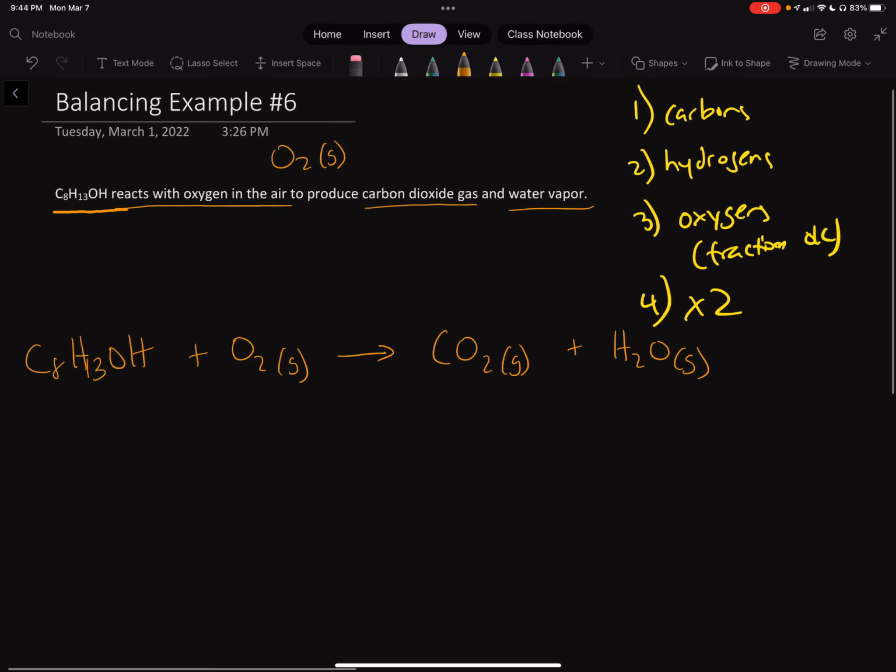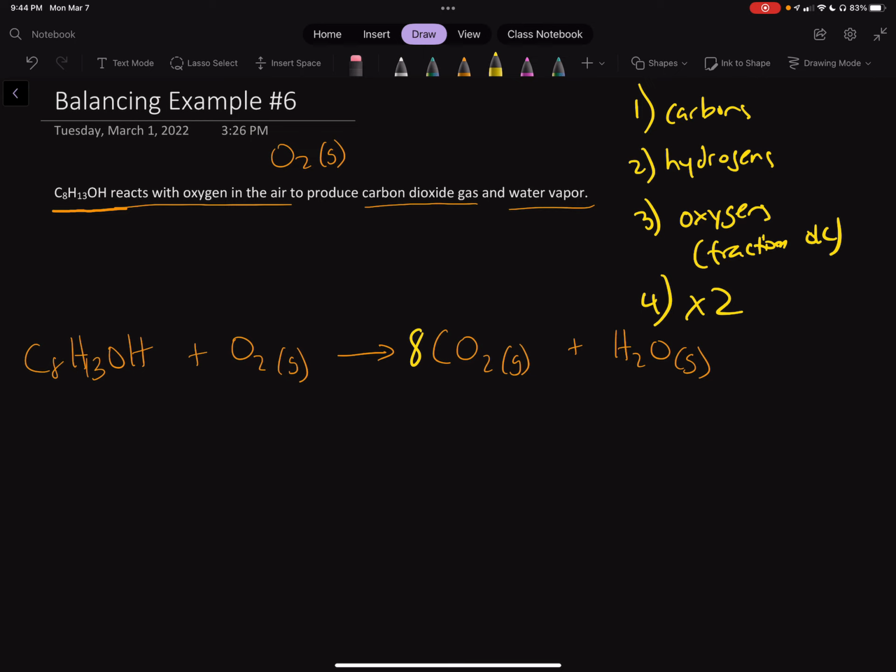Now, step one, just focus on the carbons. So what that means, I see 8 carbons on the left side, and I need to think, what number should I put in front of CO2 so that I have 8 carbons on both sides? Well, we'd want to put an 8 right here, so now just the carbons are balanced. And next up, hydrogens.